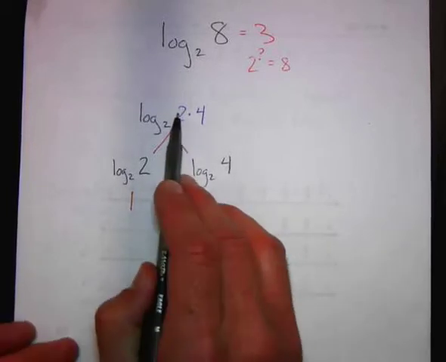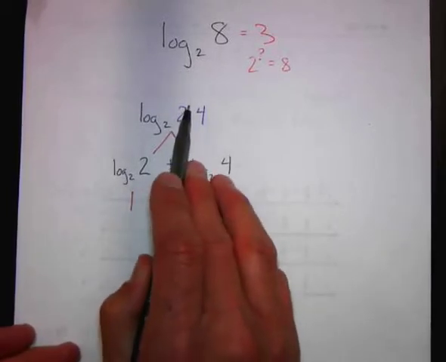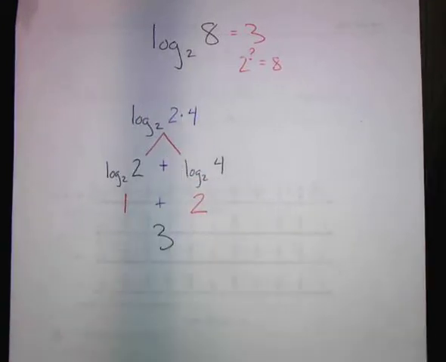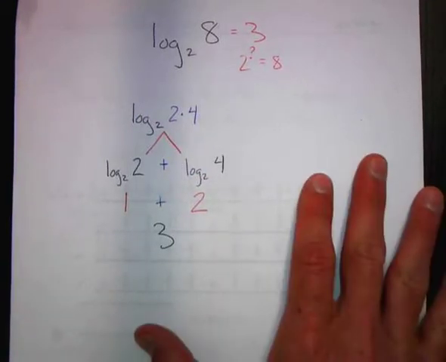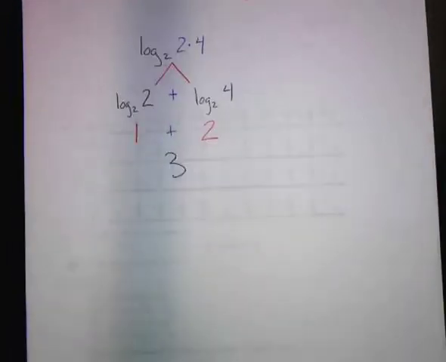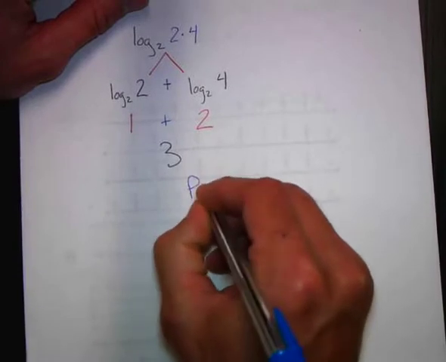We can say if we can express our number as a product of 2 other numbers, we can break up that logarithm and add them together, and it would be the same thing. And so here comes one of the properties of logarithms. It's called the product property.